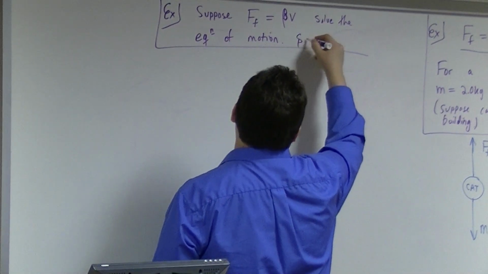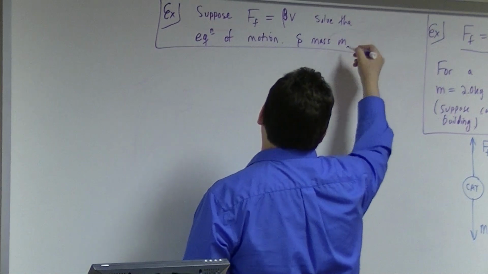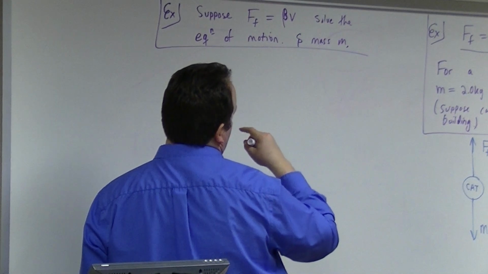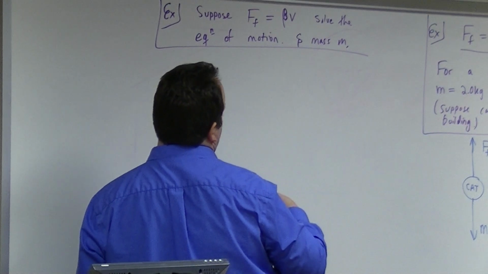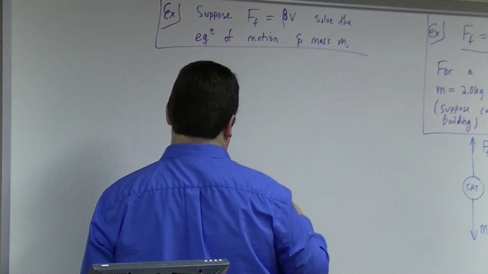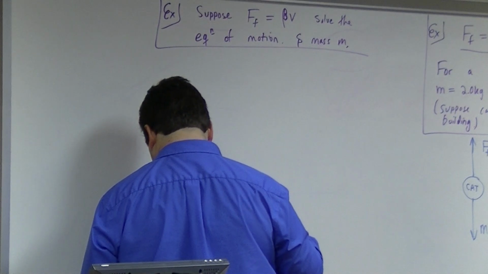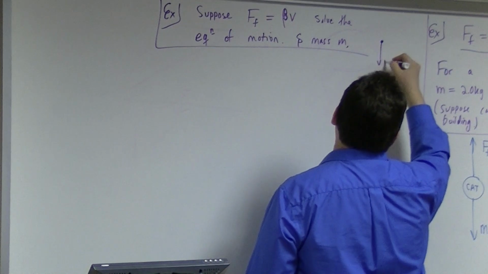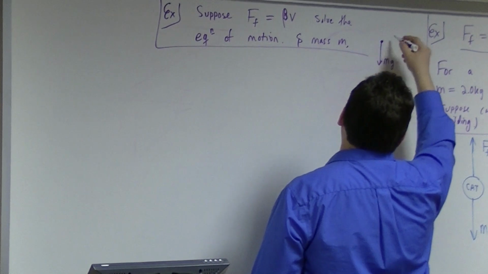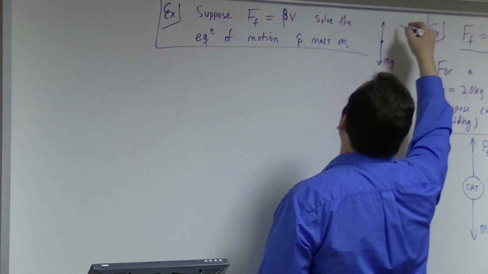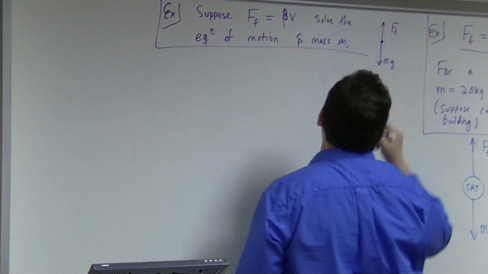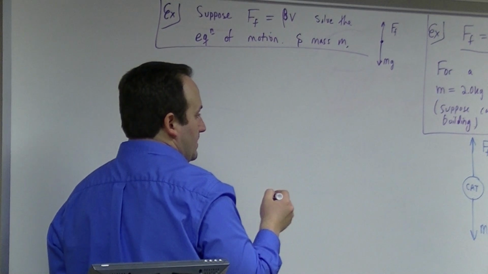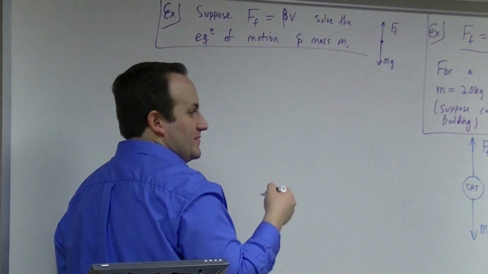And suppose we have mass m. Let's draw a picture. So we got mg this way, and I'm assuming that the force of friction is that way, okay? So I'm assuming the motion's downward, all right?